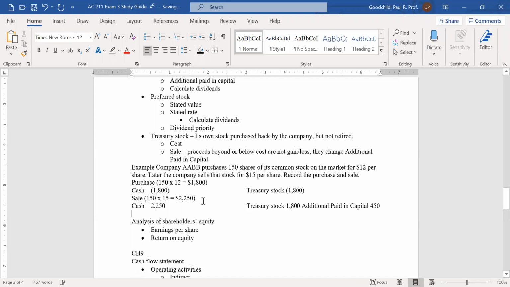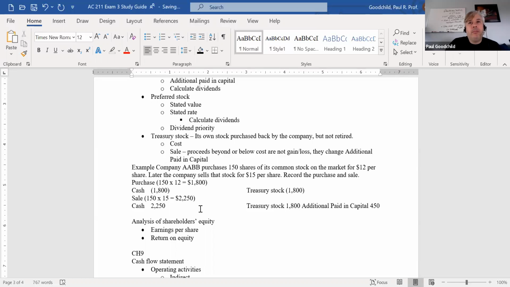Professor, what is the difference between finding the dividend priority for preferred stock and calculating the dividends for retained earnings? There's not, so I guess I'm a little confused by your question.